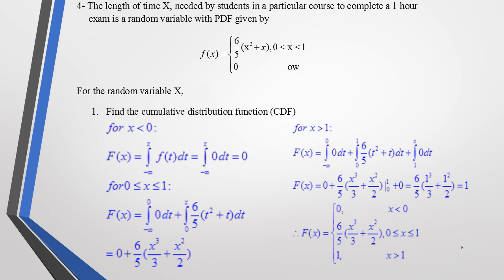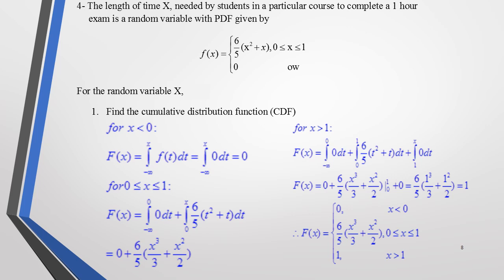dt plus the integration from 0 to x of 6 over 5 times t squared plus t dt, which equals 0 plus 6 over 5 times t to the power 3 divided by 3 plus t squared over 2, evaluated at 0 and x. So the CDF will be equal to 6 over 5 times x to the power 3 divided by 3 plus x squared over 2.